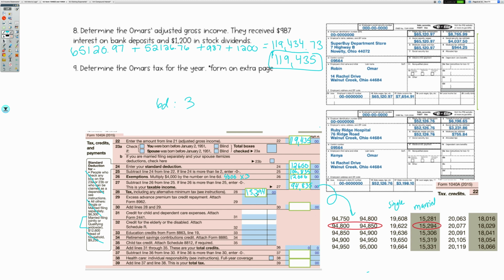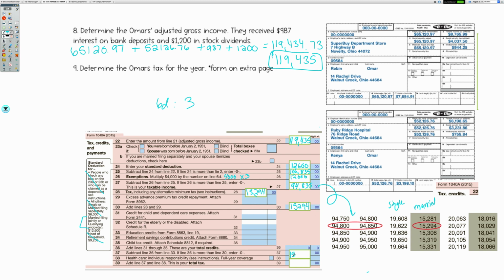Line 30 just says add line 29, but I don't know what this is. It's blank, so I guess they don't have any tax credits. So that plus 0 is still just this. We're going to skip all these. It just must not apply to them. Where it starts applying again would be subtract line 36 from 30. 36 is 0, so 0 minus this is still just going to be this.